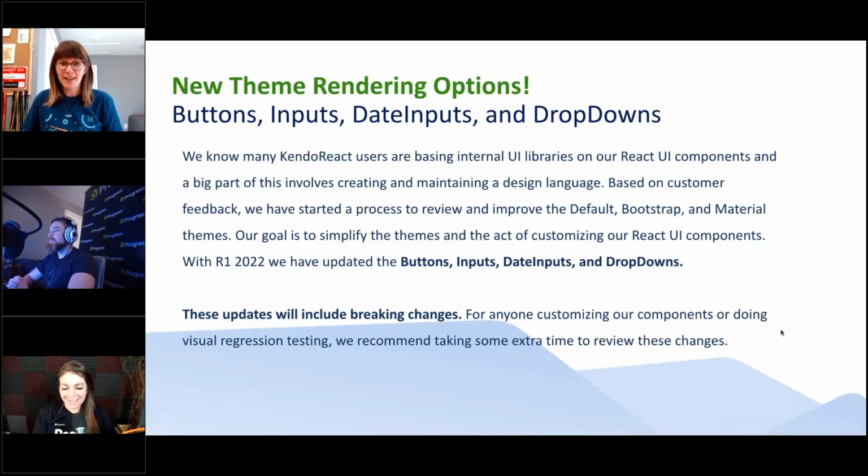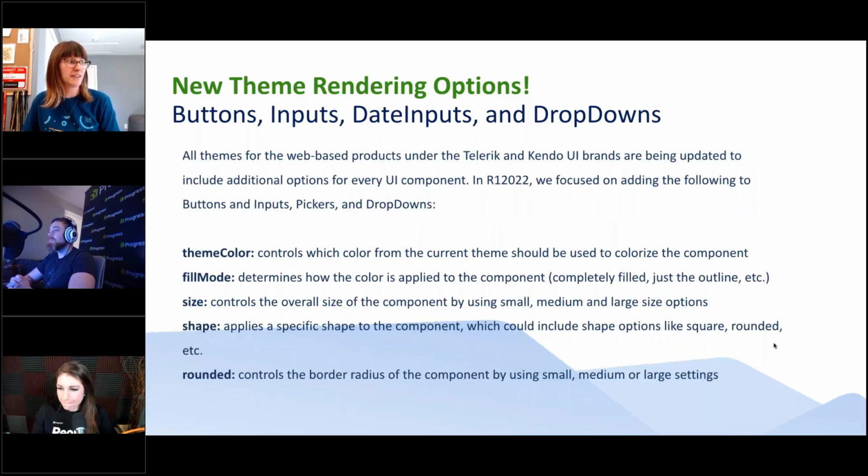Others have talked about this already, and by others, I just mean Alyssa and Carl. So I'm not going to rehash it too specifically, just to say that the theme rendering updates are really useful. They expose these new things: theme color, fill mode, size, shape, and rounded.